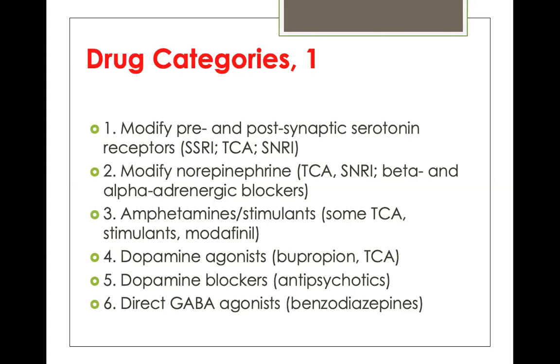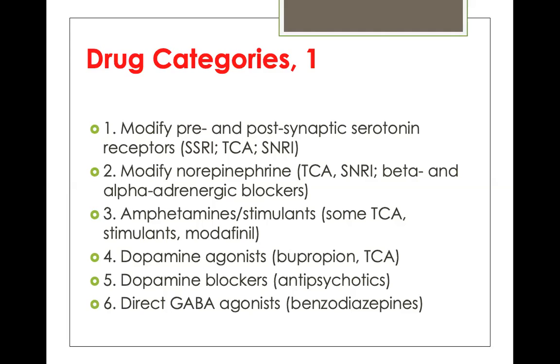And interestingly enough, we now know that the mechanism of action of SSRIs is not due to the inhibition of the reuptake of serotonin. So even those names are misleading. But nevertheless, they do work upon serotonin receptors.